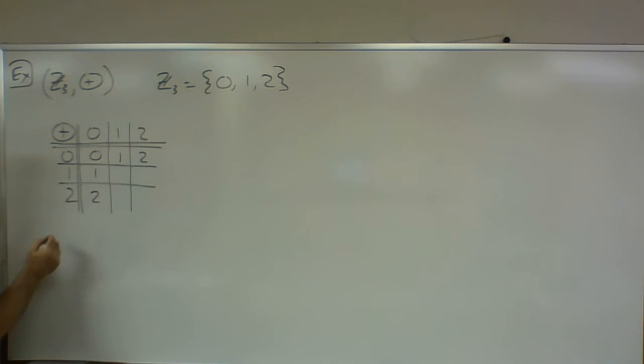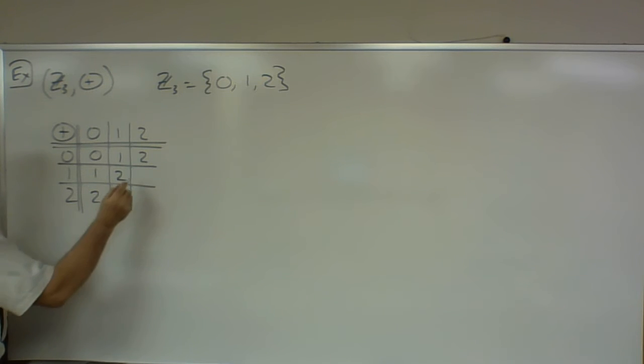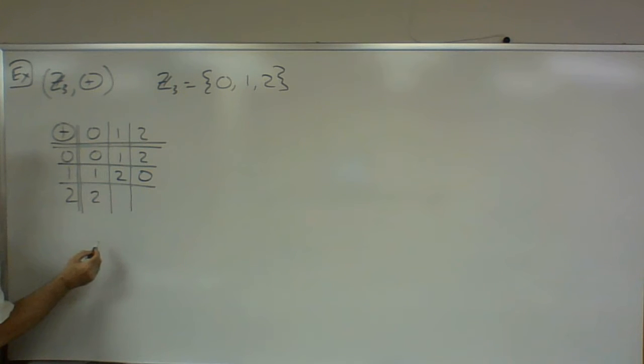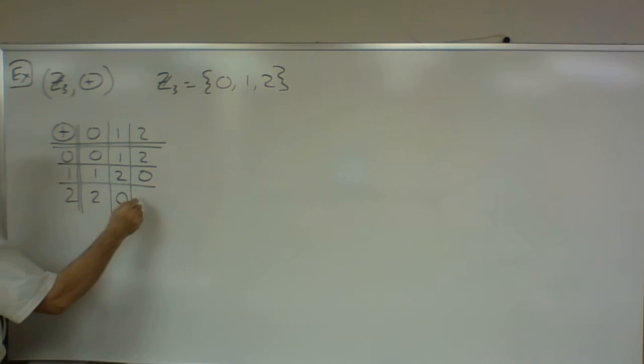1 plus 1 is 2, modulo 3 is 2. 1 plus 2 is 3, modulo 3 is 0. 2 plus 1 is 3, which is congruent to 0 modulo 3. 2 plus 2 is 4, modulo 3 is 1.